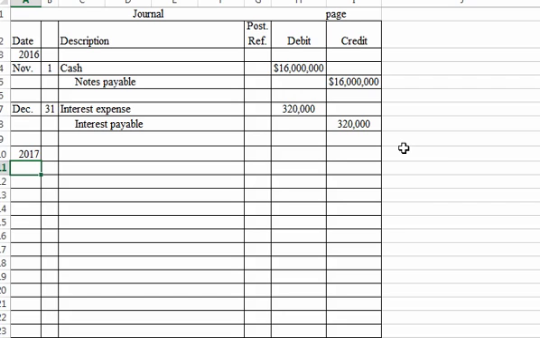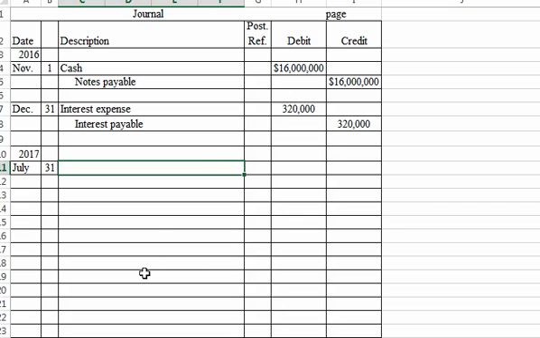Well, 9 months later would be the end of July in 2017. So we're going to say July 31. And here we're going to debit. You want to put, of course, your debits first, your credits second. We'll have more than one account on each side, so it really doesn't matter which one you do first.